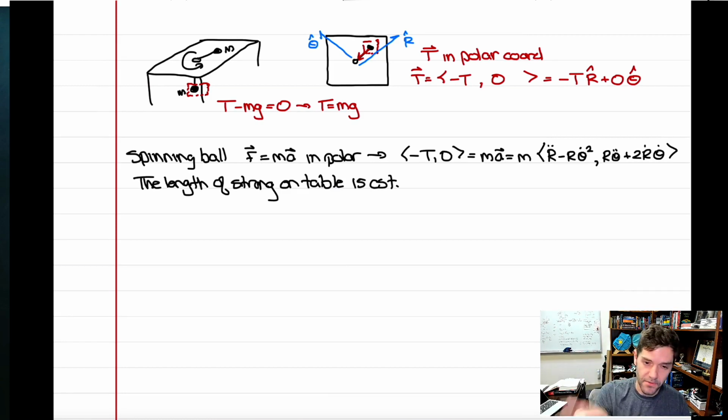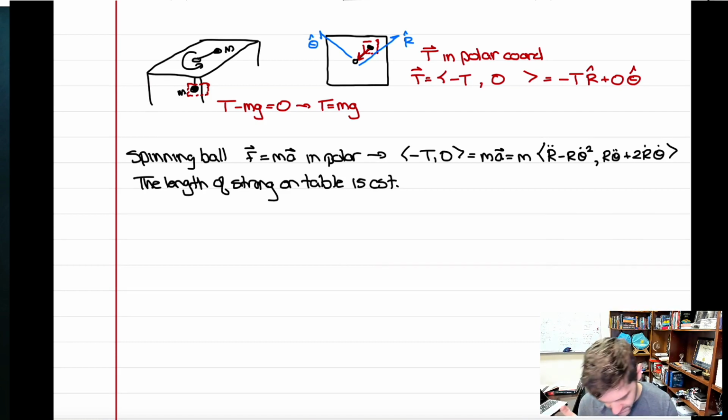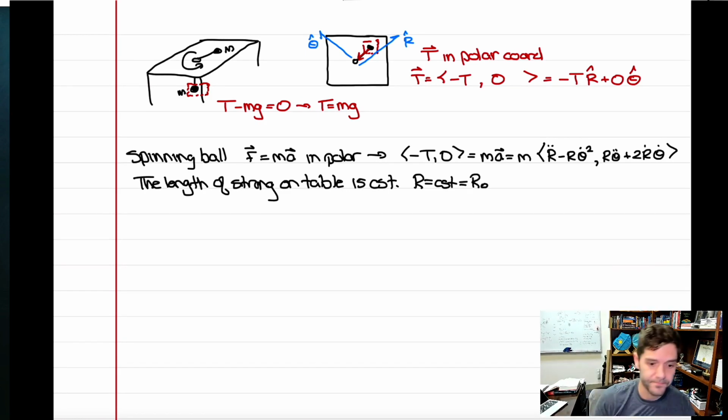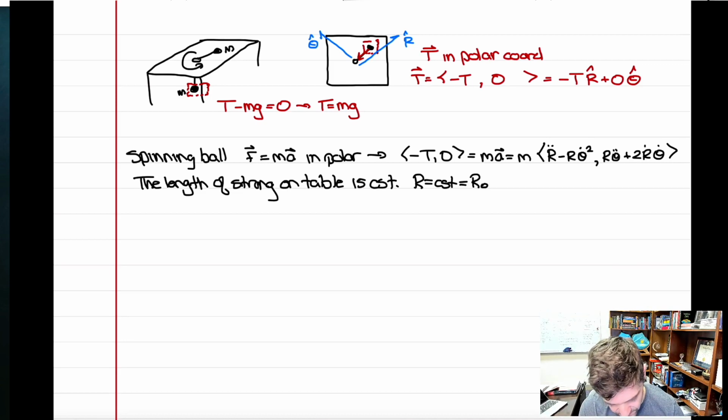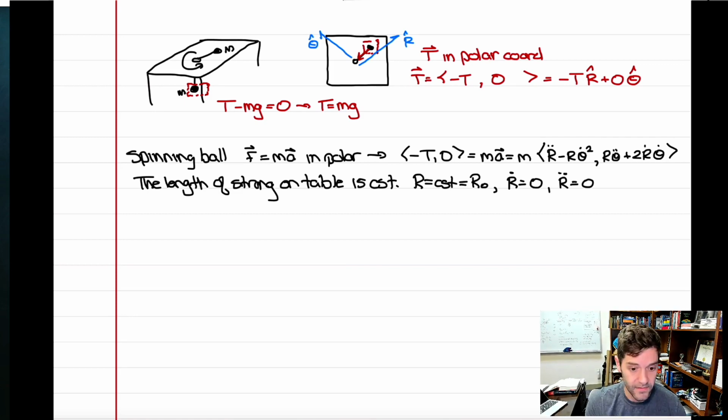That means the circle it's tracing out has a fixed radius. And again, that's one of the coordinates, capital R. So R in this case is a constant, some value, call it R naught. Where this helps us, though, is that the derivative of a constant is 0. So that also means the derivative of R is 0, and the second derivative of R is 0.